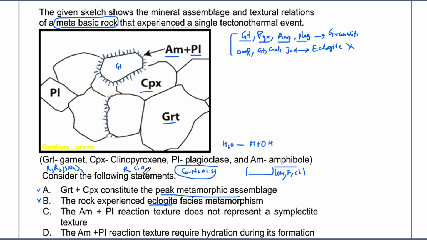To react these two we need water in the system to make this reaction. So our last option is right: the amphibole plus plagioclase reaction texture requires hydration during its formation. Only then will we make this amphibole, otherwise no. Now two options are right and one option is wrong.